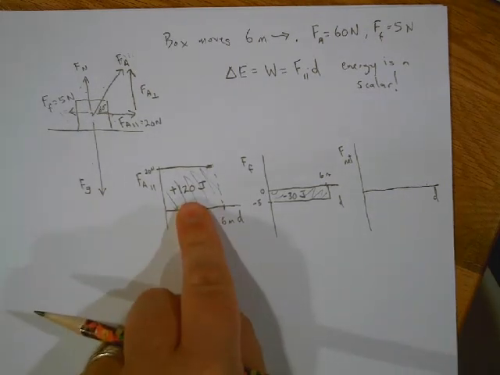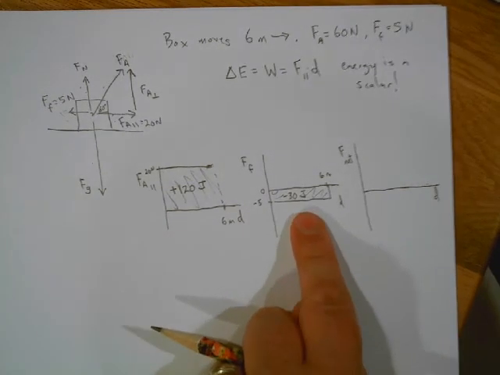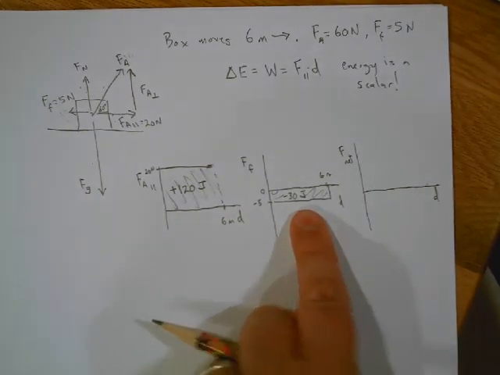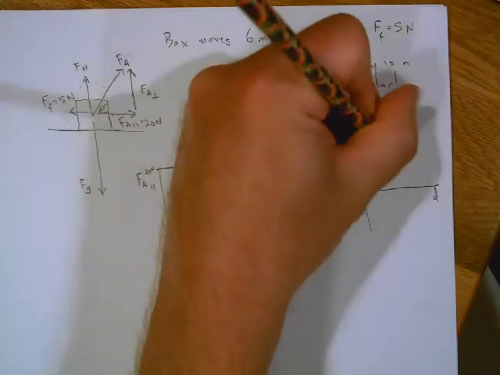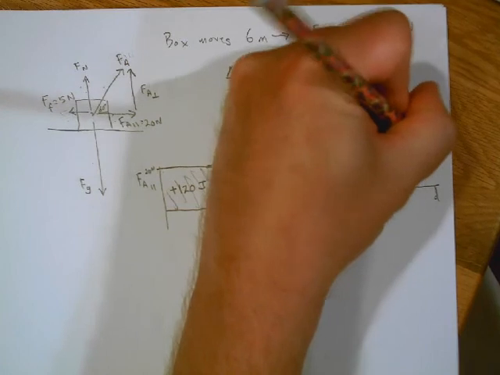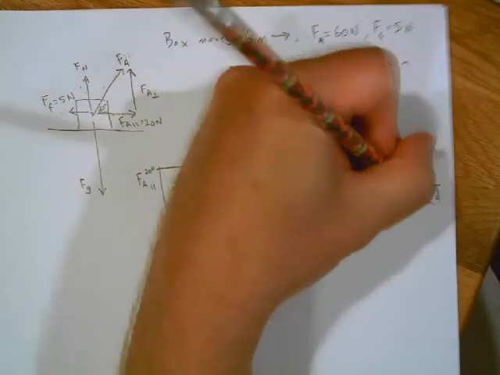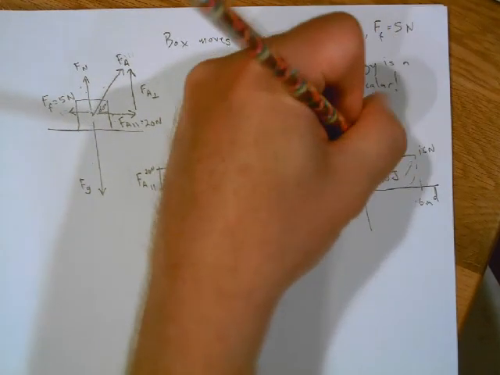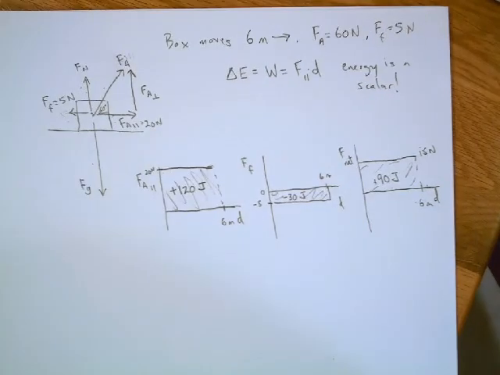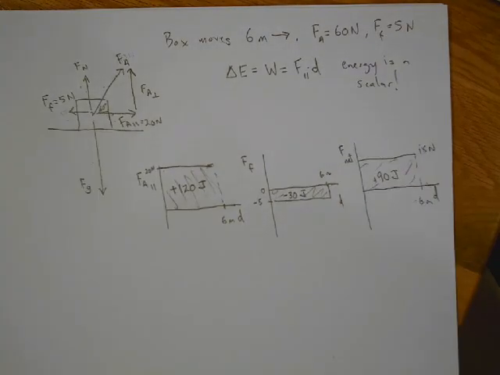If Abdul is adding 120 and friction is taking away 30 joules, you're going to be left with 90 joules, which is also what you would get if you did this graph. This is going to be 15 newtons. If this is 6 meters again, 15 times 6 is going to be plus 90 joules, which means my net effect is that I gained 90 joules.